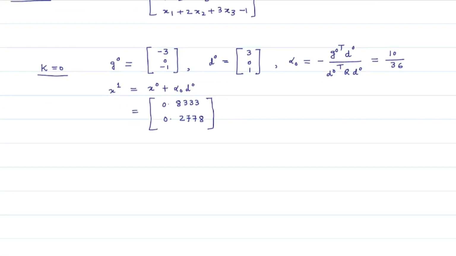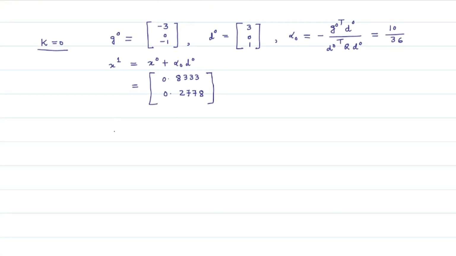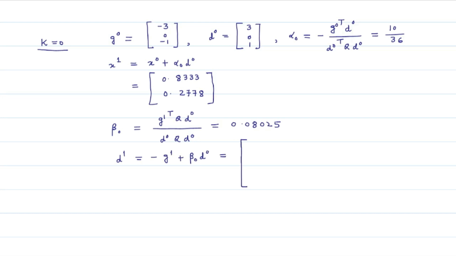And therefore, to compute the next direction d1, the scalar beta naught is equal to 0.08025, and hence d1 is given by minus g1 plus beta naught d naught, which please verify is given by this vector.